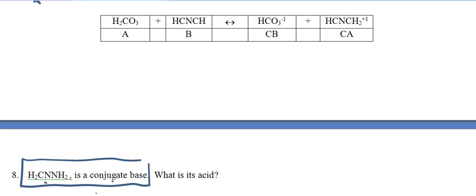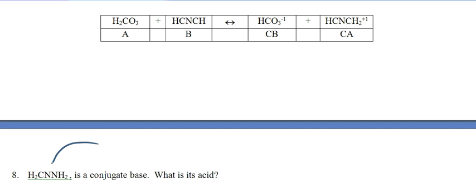Or, even better, sorry, let me scratch that. It is a conjugate base, so that means it's going to accept a hydrogen from whatever is the conjugate acid on that side. So it wants to know what is its acid, so we have to add a hydrogen to this.